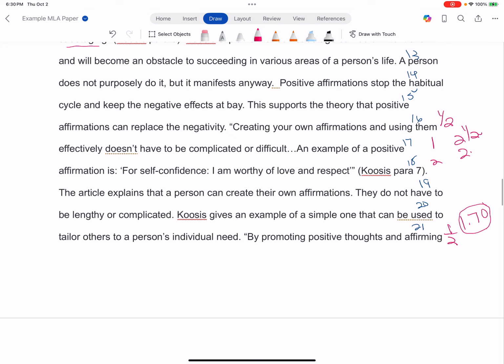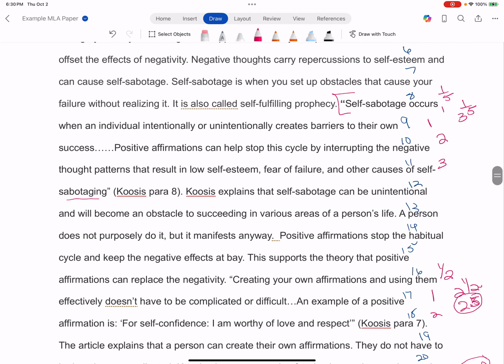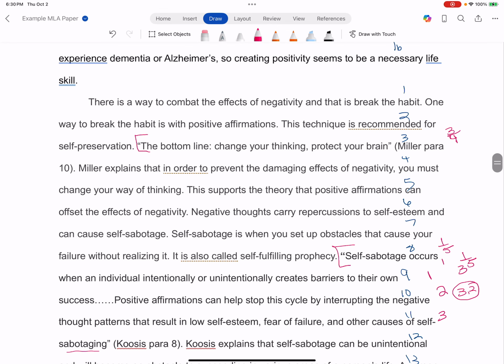So let's count these. 1.7 plus 2.5 plus 3.2 plus a quarter, which is 0.75.